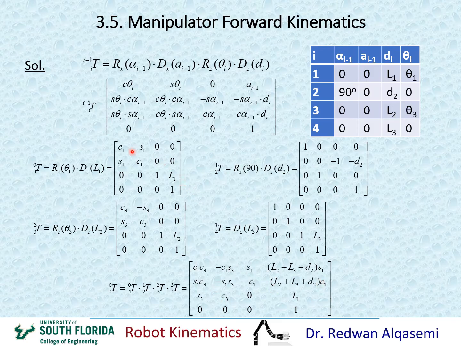Now I want you to notice that each one of these transformations has only one variable, and in this case it's theta 1. Okay, when I say C1 here, that means cosine theta 1, and minus S1 is minus sine theta 1. Okay, so this one here represents the first pair of joint and link, and for that pair I have one joint, that means I have only one variable.